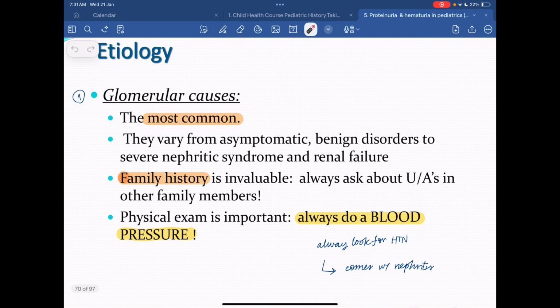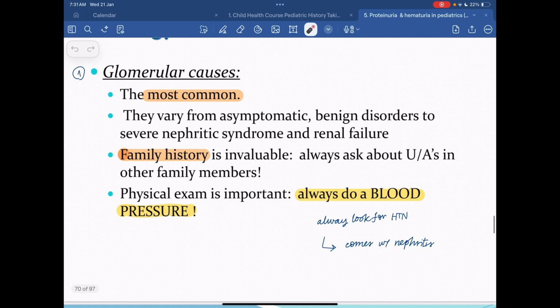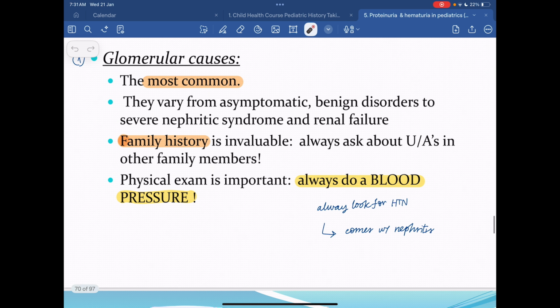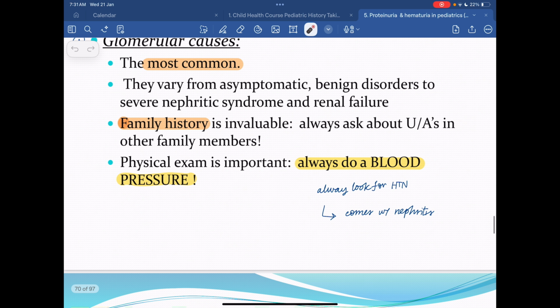They vary from asymptomatic benign disorders to severe nephrotic syndrome and renal failure. Here, family history is very important. You need to ask about the urine of other family members and possibly obtain urinalysis later after diagnosis.